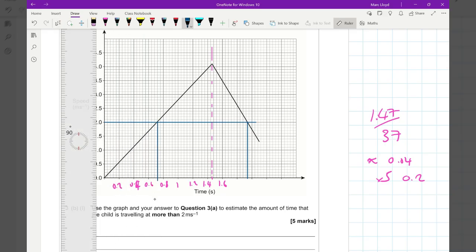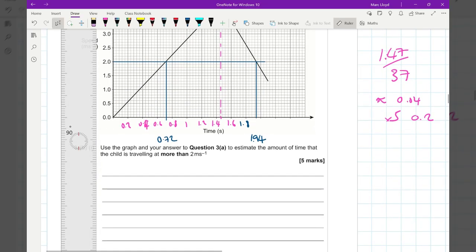64, 68, 72, so 0.72. And then here we've got 1.8, 1.84, 1.88, 1.92. I reckon that's 1.94.